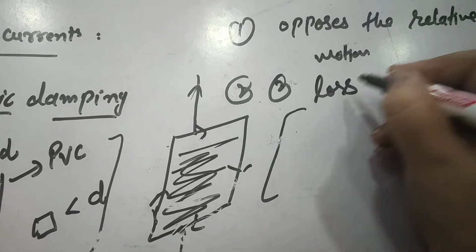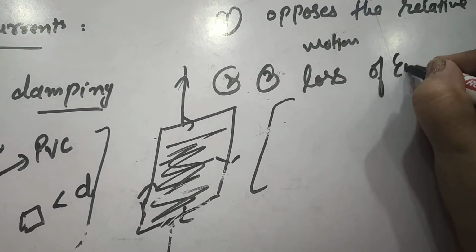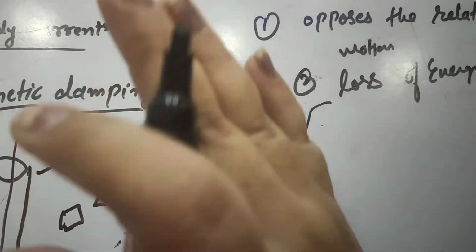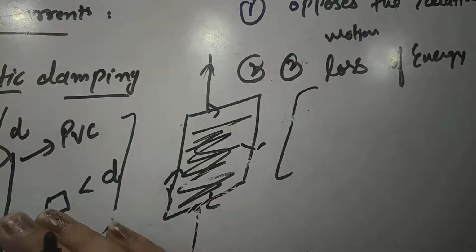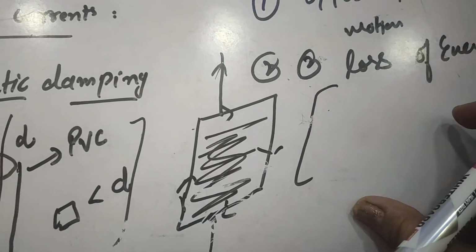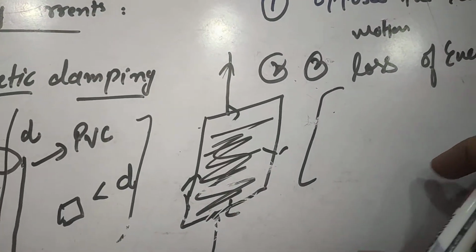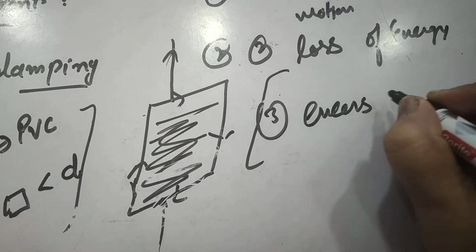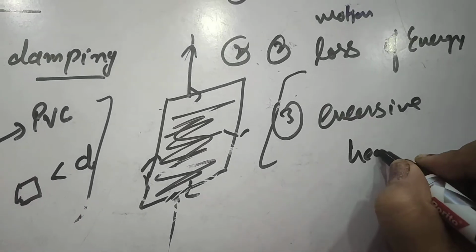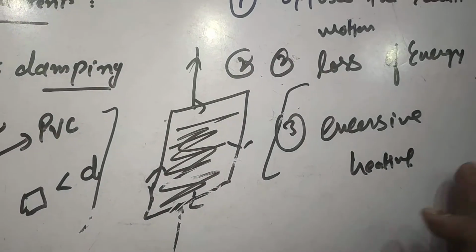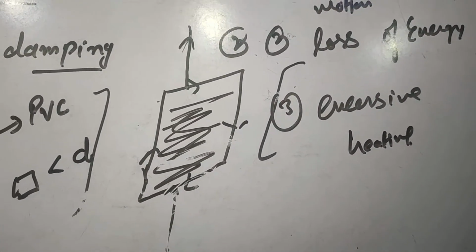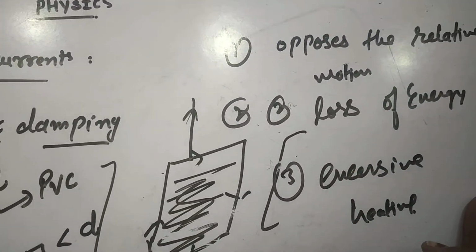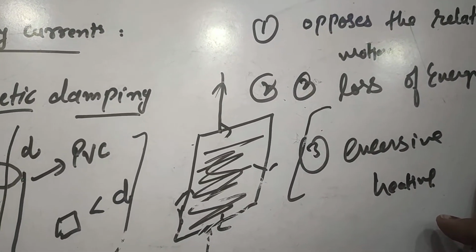When it tends to move, it is brought back, opposing its motion, so there is a loss of energy. And third, there can be excessive heating, which may break the insulation property of a material. So these are some disadvantages of eddy currents.